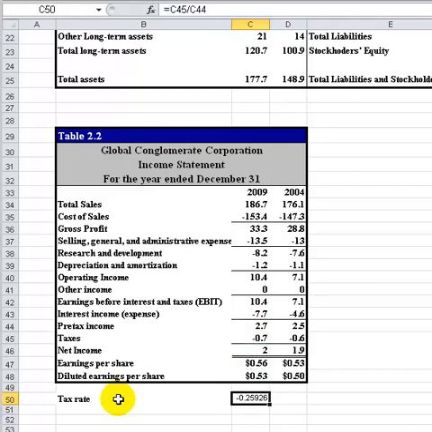What does that give us? 26%. Now, it's showing a negative only because they show the taxes as a negative number. So what I would do is just flip the sign, just put a minus in front of one of those. So I've got essentially 26% as my tax rate.